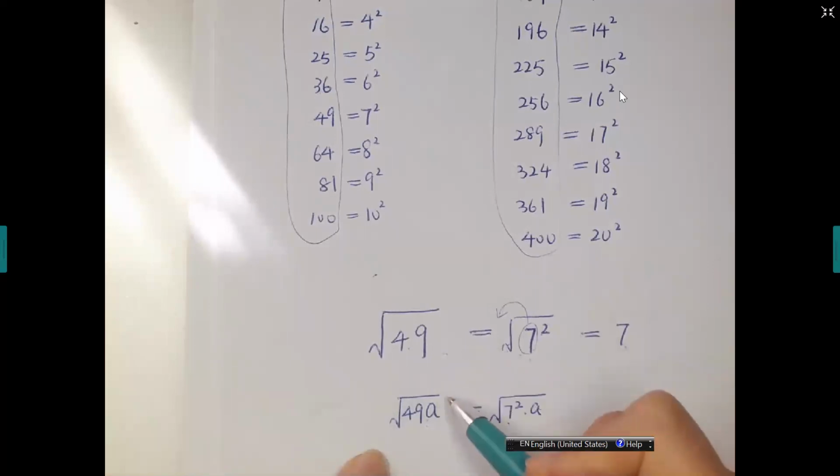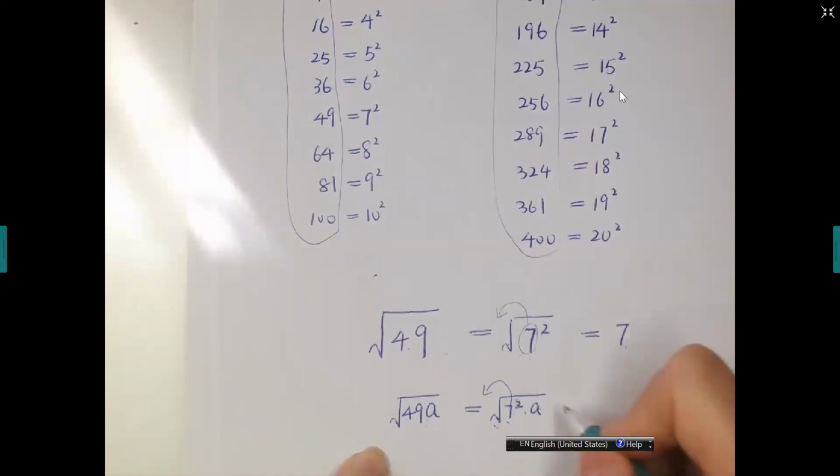Make it out of that square root symbol. So what can we move out? 7, because 7 has a square within it. So 7 can be moved out. When we move this 7 out, this 2 is gone, because 2 and this radical symbol, they cancel each other. So 7 now is out.